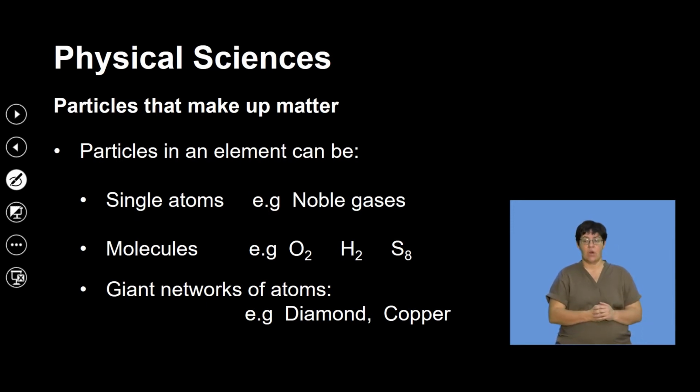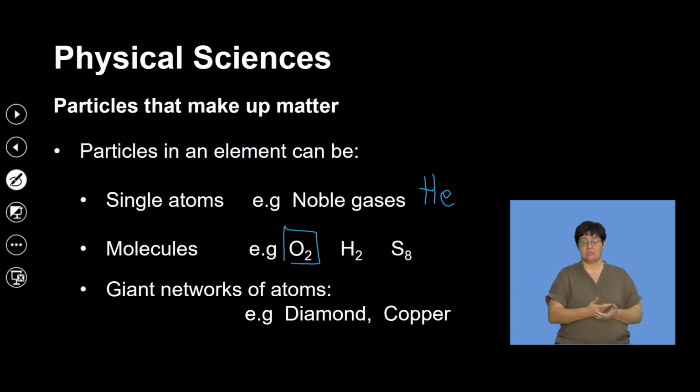So particles of an element can be single atoms. In the example of noble gases, you can have, for argument's sake, helium as an example. This consists of atoms that make up this element, or it can be molecules. Now these molecules, in the case of oxygen, this is a molecule of an element.